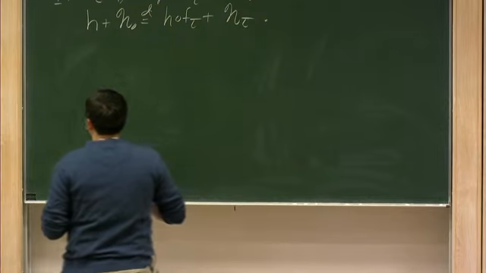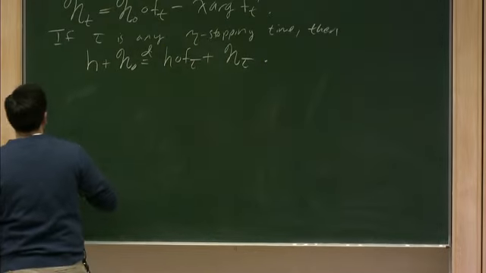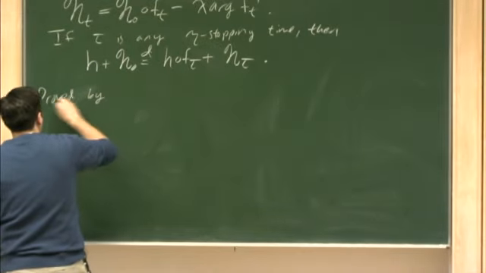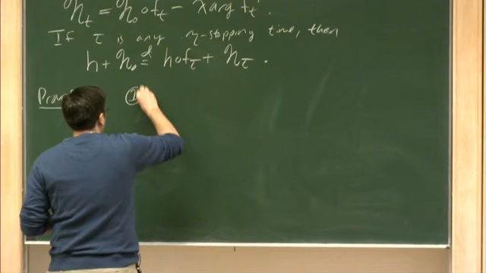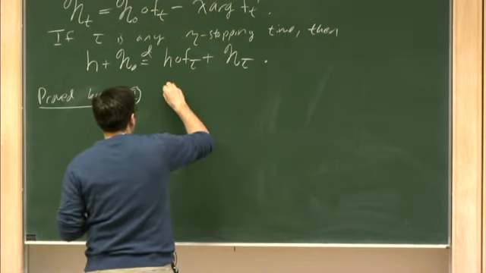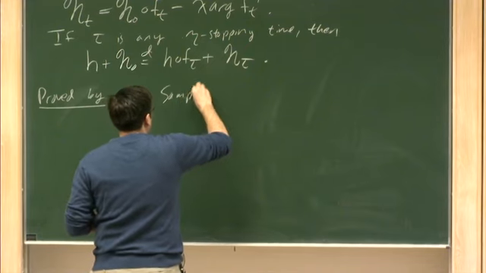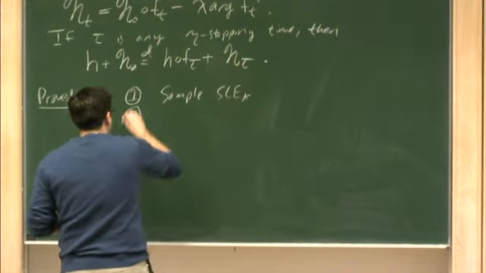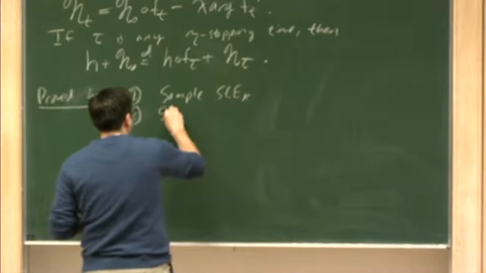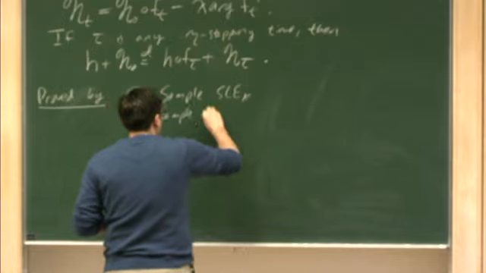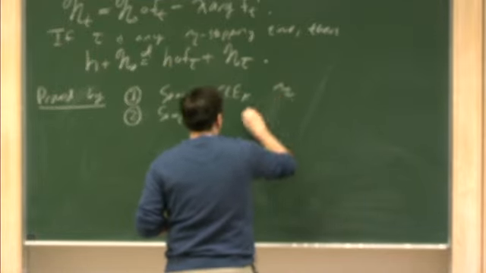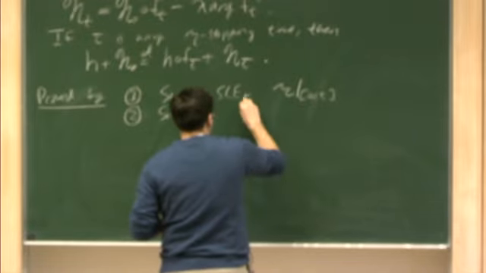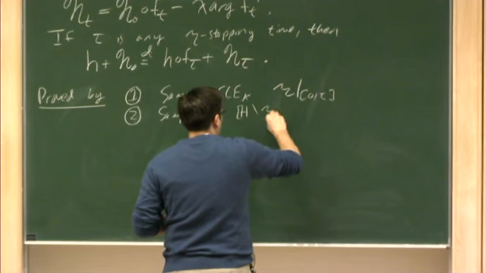Let me remind you that the idea for how to prove this is that, number 1, you sample your SLE kappa. And then once you've sampled your SLE, you sample your Gaussian free field in the complement of the path.